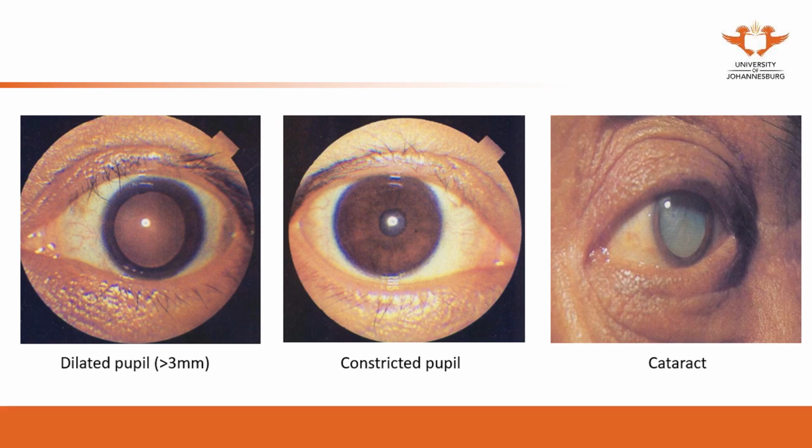In order to distinguish these two, we need to know the normal size of the pupil. The normal diameter of the pupil is about 3 to 4 millimeters. Above 3 millimeters, especially above 4 millimeters, it is considered dilated. Smaller than 3 is considered a constricted pupil.